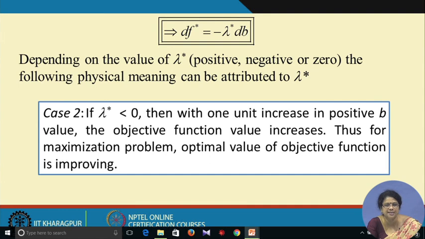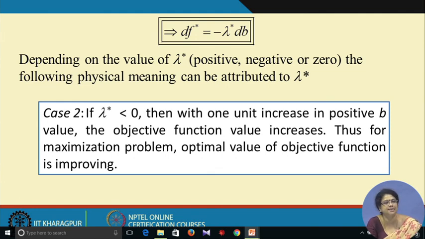So if I relax the constraint for lambda star positive, we will get a better value for the maximization problem, but a worse value for the minimization problem. Did you understand? The two cases are different.